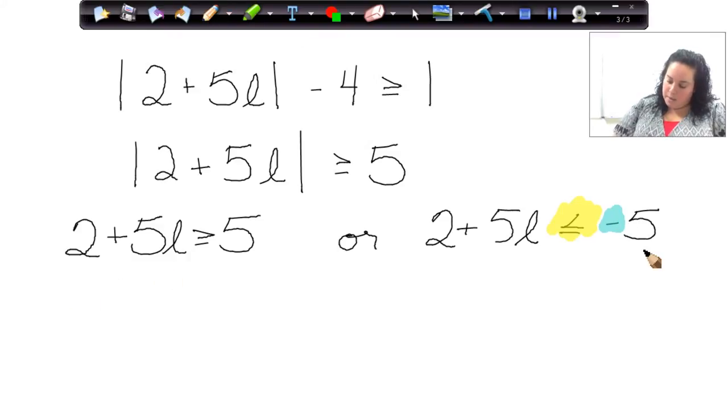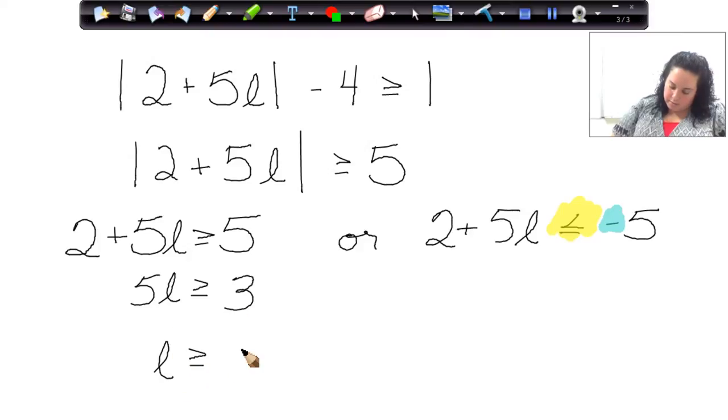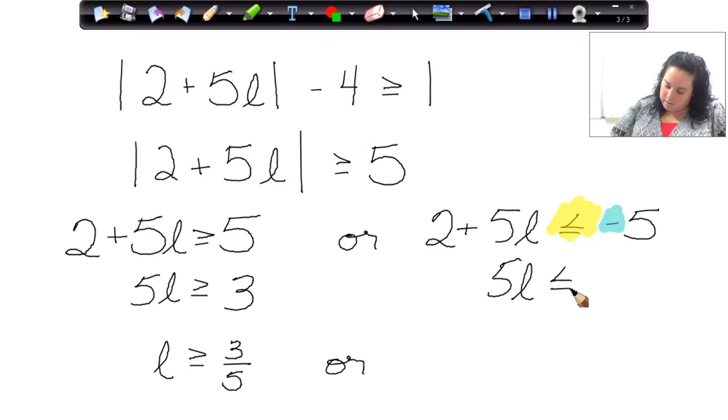Okay, now that we have it split into two problems, we can solve it just like we would normally solve an inequality. Subtract 2 from both sides, and then L is greater than or equal to 3/5. Or, and then over here, we will have subtract 2 from both sides.